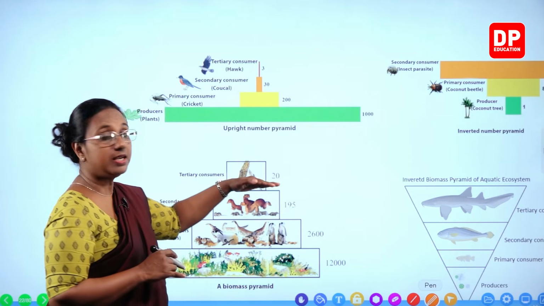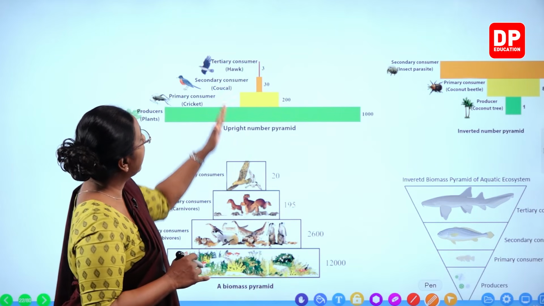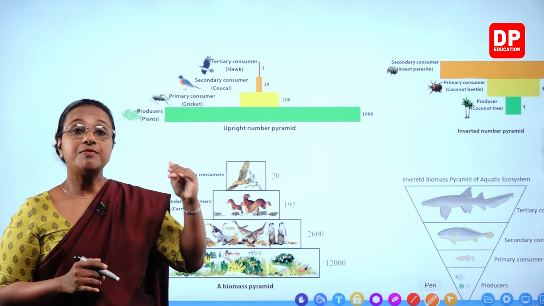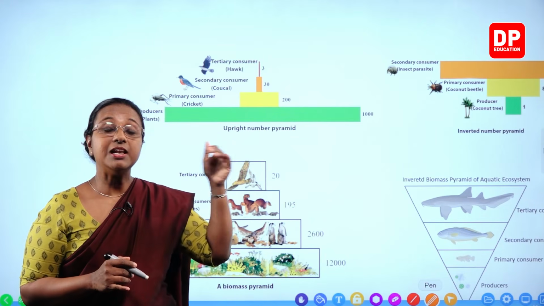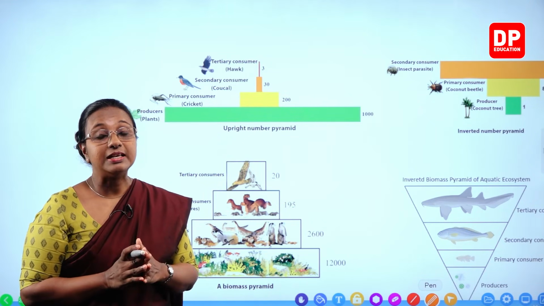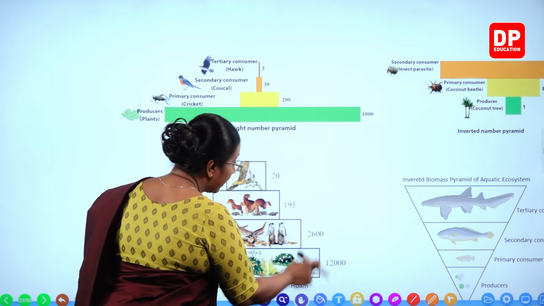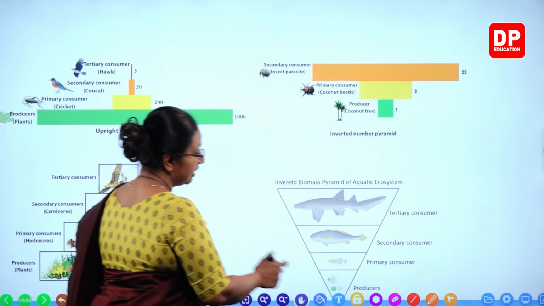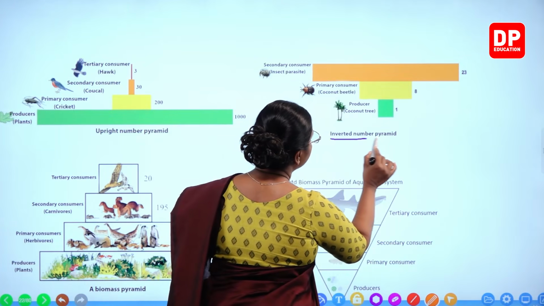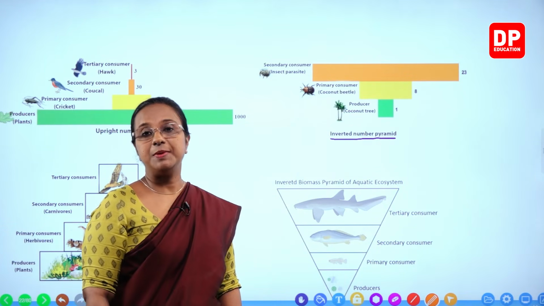When you have more producers at the bottom level, and as you go up, the number of organisms in each trophic level decreases, you get the upright pyramid. But there are instances again in the terrestrial environment where you get an inverted number pyramid.